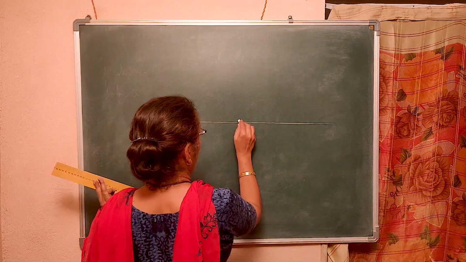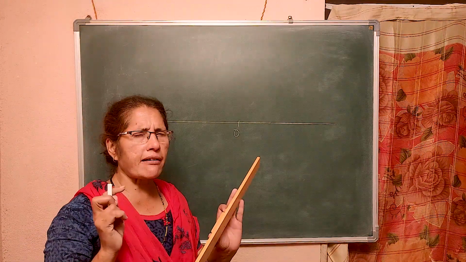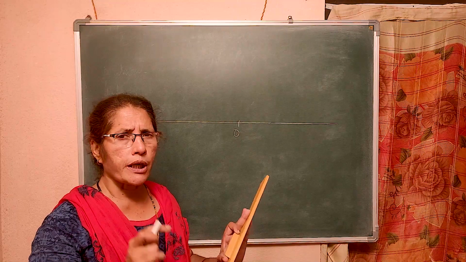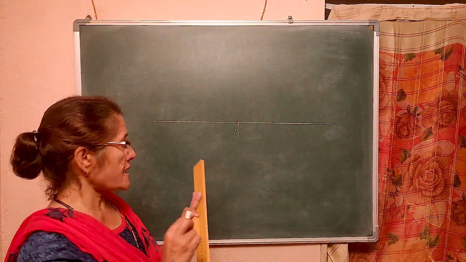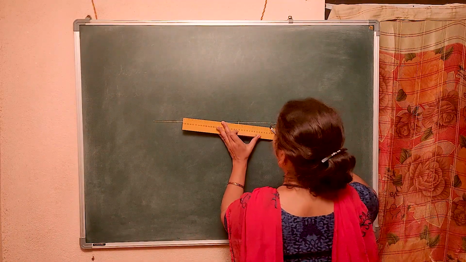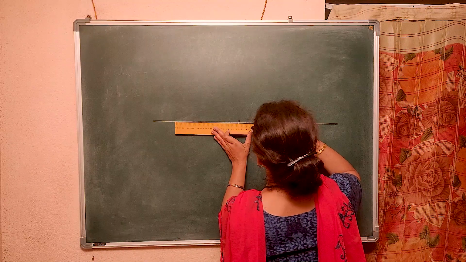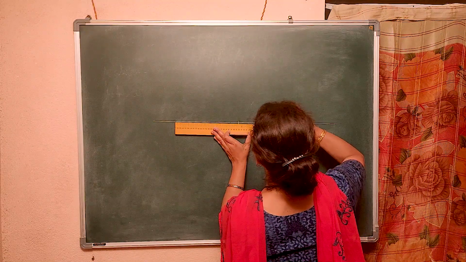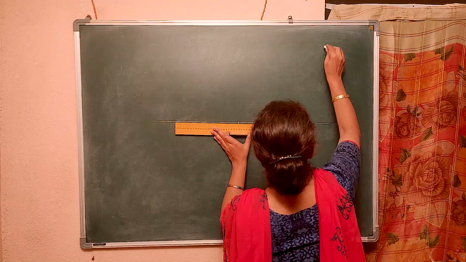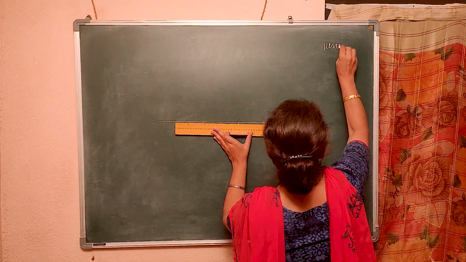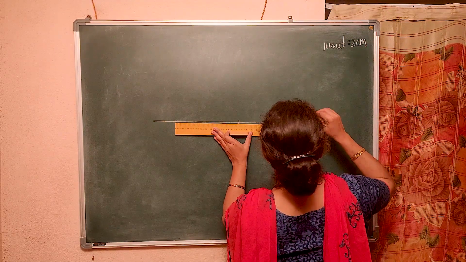Now the middle one you mark as 0, and to look neat in your book, you mark 1 unit at 2 centimeters. Suppose I mark 1 unit at 2 centimeters, starting from 0. Since this one is very big, you take 1 unit as 2 centimeters. It will be very neat.